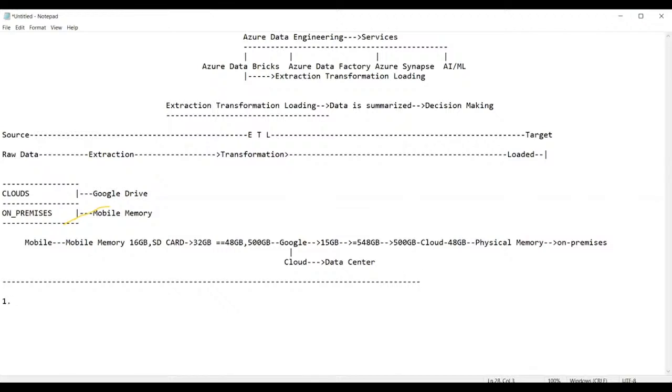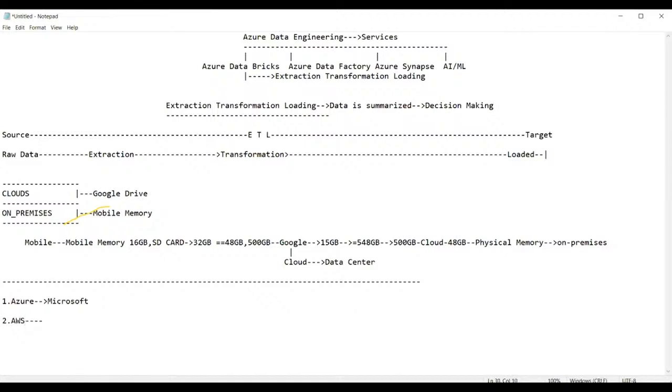The first one is Azure. Azure is a cloud provider from Microsoft. Microsoft is marketing its cloud product under the name Azure. The next provider is Amazon, or AWS.